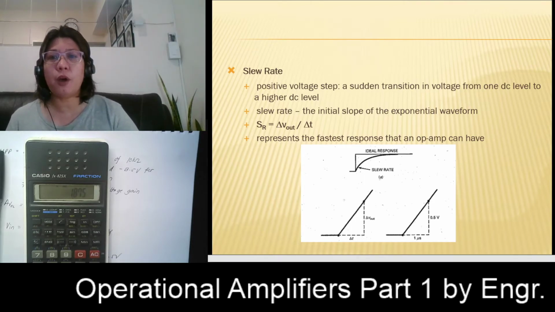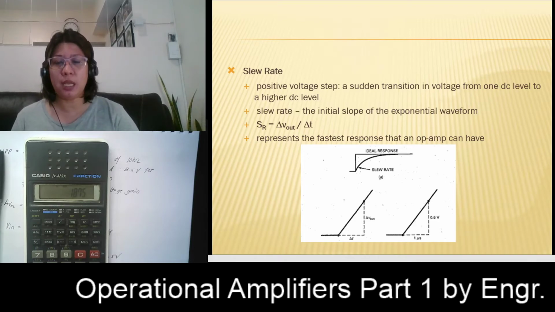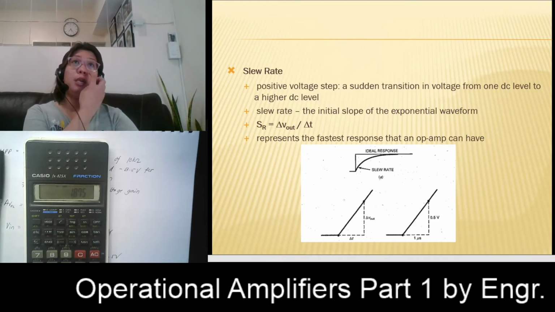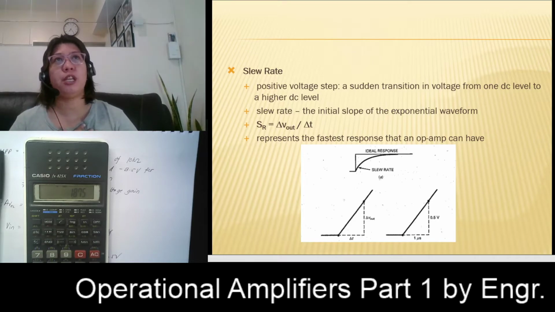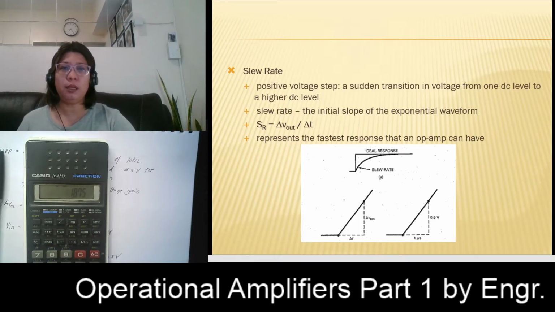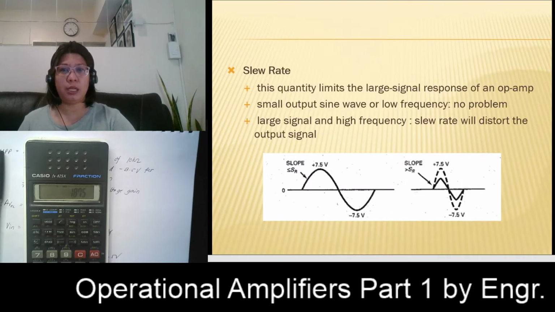But because of the compensating capacitor, it increases exponentially up to that specific 5 volts. So your slew rate represents how fast your operational amplifier is responding when you have a positive voltage step, or a sudden transition in voltage from one DC level to a higher DC level.